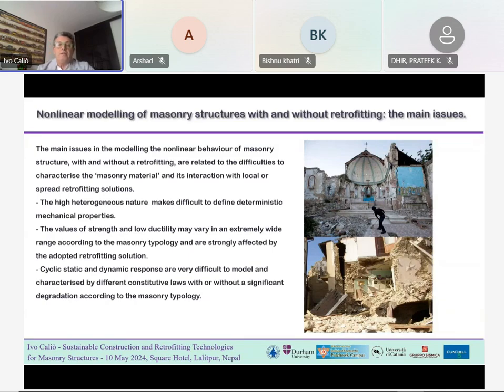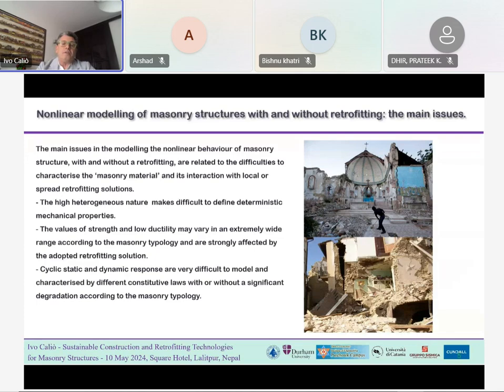And in the presence of retrofitting measures, these difficulties are further complicated by the need to consider the interaction with local or spread retrofitting solutions. The highly heterogeneous nature makes it very difficult to determine deterministic mechanical properties, and so the results have to be considered in an average way.